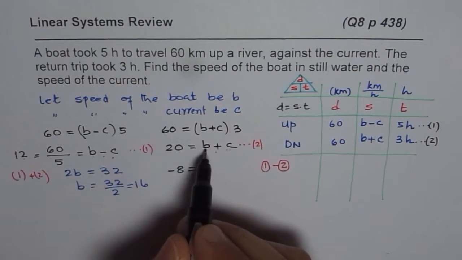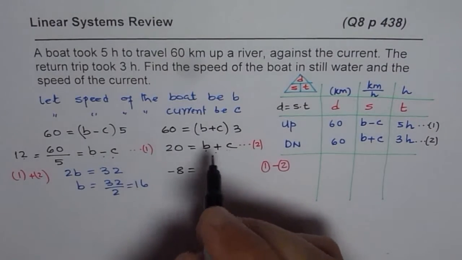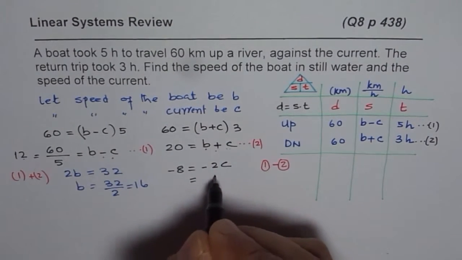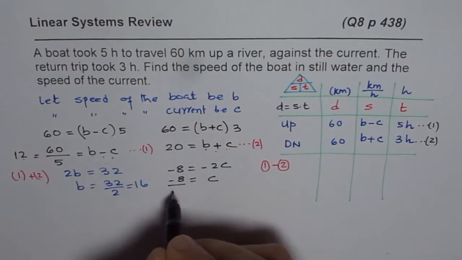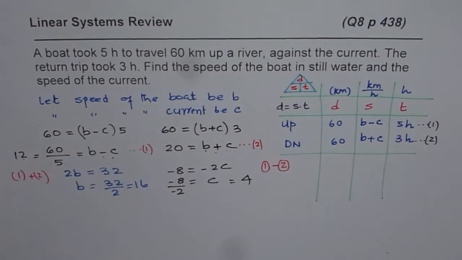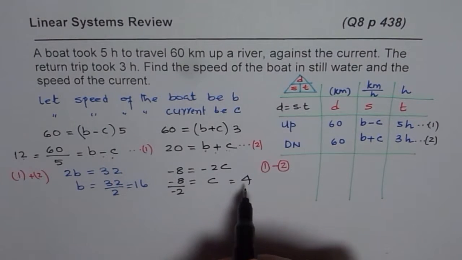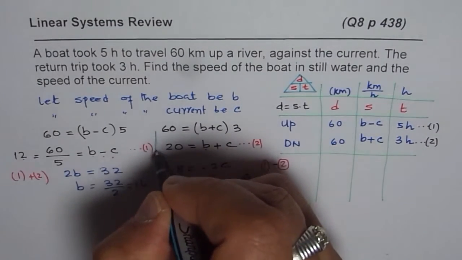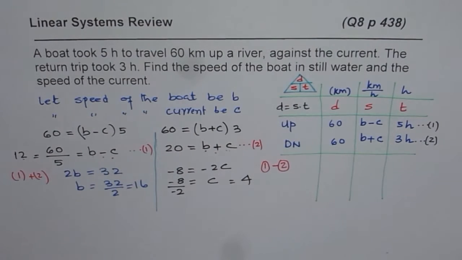B minus B is 0, but minus C minus C becomes minus 2C. I purposely did it like this. Now C will be minus 8 divided by minus 2, which is 4, correct? As expected, both answers should be positive. If you get a negative somehow, you know you have made a mistake. So that is how we can solve both the equations.